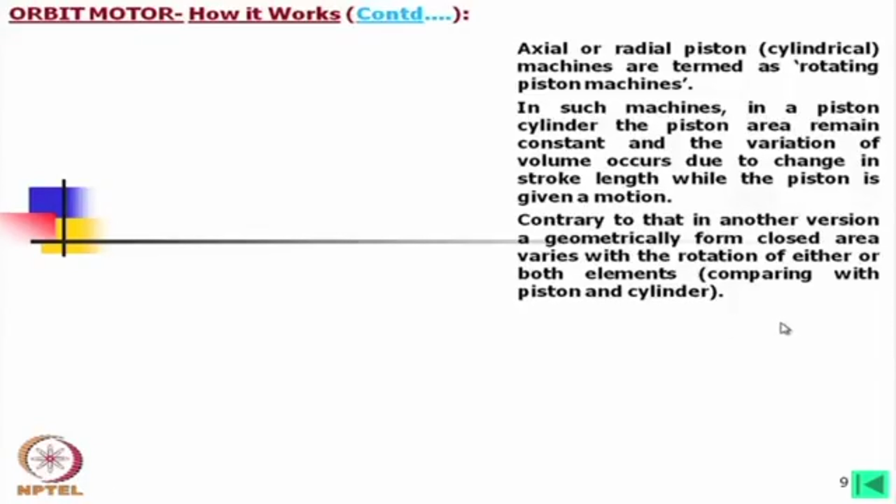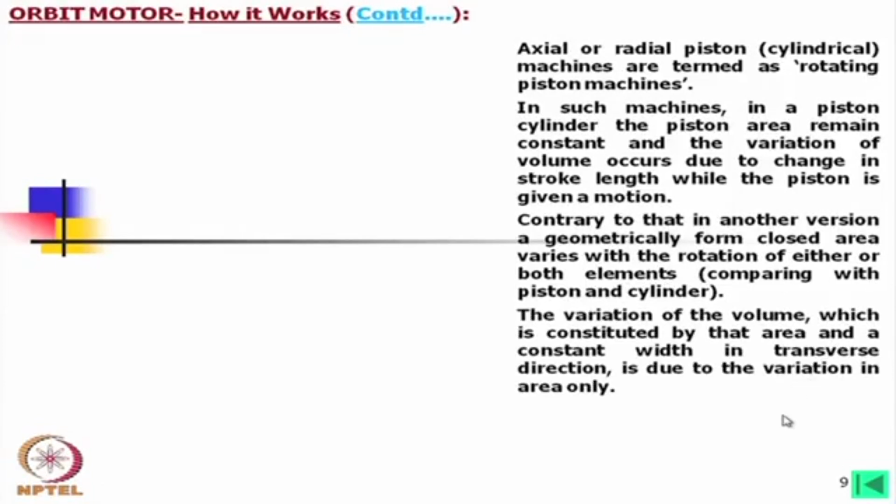Contrary to that, in another version, a geometrically formed closed area varies with the rotation of either or both elements. Comparing with piston and cylinders, the variation of the volume, which is constituted by that area and a constant width in the transverse direction, is due to the variation in area only.